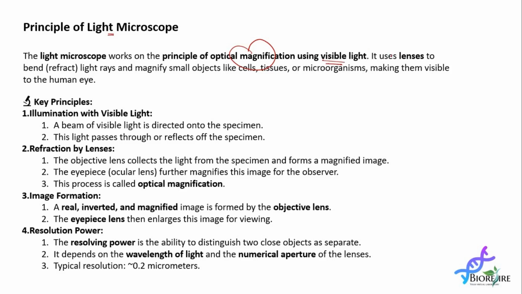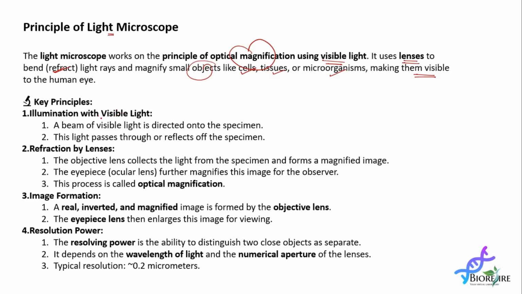It uses lenses to refract the light rays and magnify small objects like cells, tissues, microbes, making them visible to the human eye. What are the key principles? The key principle is illumination with visible light. A beam of visible light is directed onto the specimen.